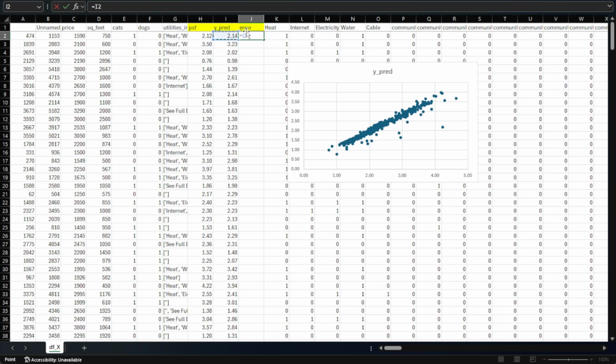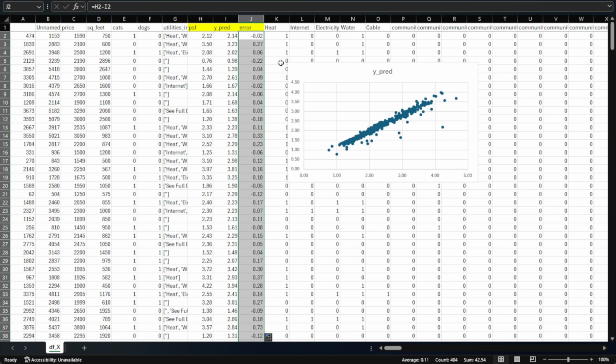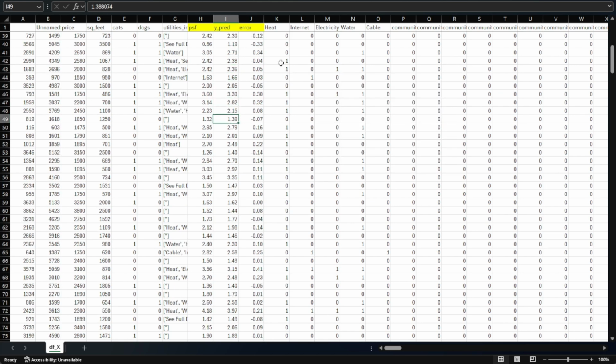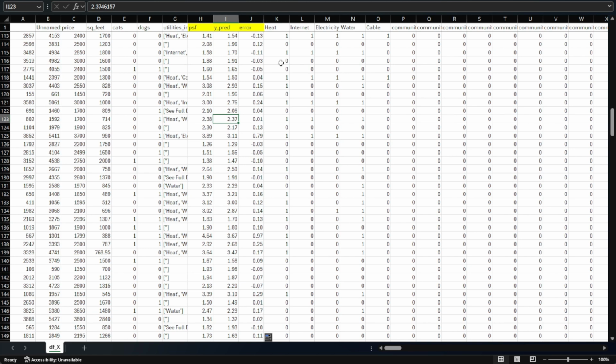In fact, let's just go through and see what some of those errors are. So we've got like 2 cents, 27 cents. See, these are all fairly good. Let's shoot down a few pages. And they're pretty good.